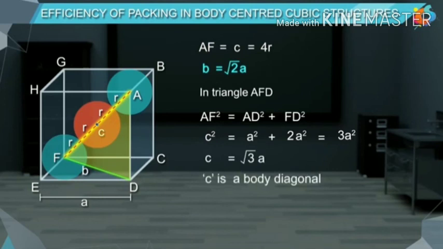But c is a body diagonal which is equal to 4r. Therefore, c is equal to square root 3 a, which is equal to 4r. a is equal to 4r by square root of 3.